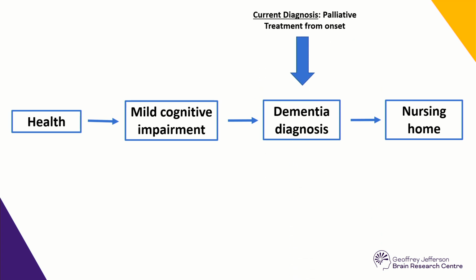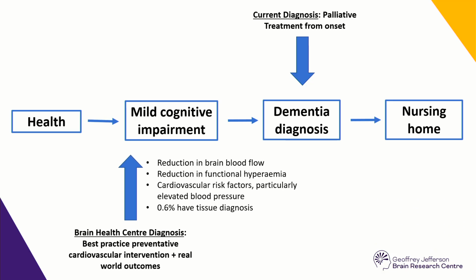So, like I said, after about 20 years, you get really tired of telling people that they've got a terminal diagnosis when you know you should have been seeing them about 5 years earlier, when, like with all vascular illnesses, you should have intervened at that point, because let's be honest, the evidence is there. So in Manchester, we've set up the very first brain health centre where we see people with mild cognitive impairment and we implement a holistic cardiovascular intervention program.